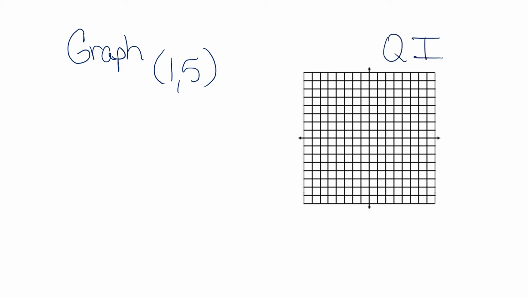All right, let's try another. We're going to graph the ordered pair 1, 5. Again, they're both positive. If they're both positive, they should be in quadrant 1 because my ordered pair is a positive positive in this quadrant. The 1 is my x value and the 5 is my y value. Remember, your ordered pair is always x and y.